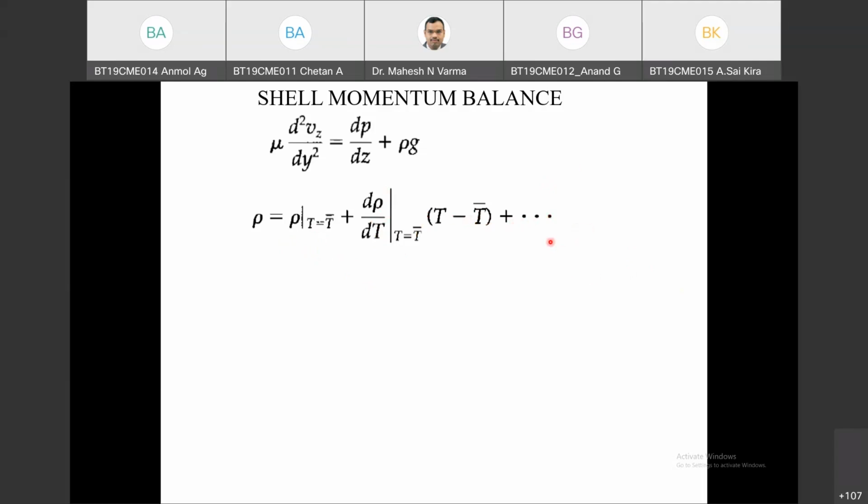What is the name of this expansion? Have you heard of this expansion anywhere in mathematics? Roll number 17, Leshma.